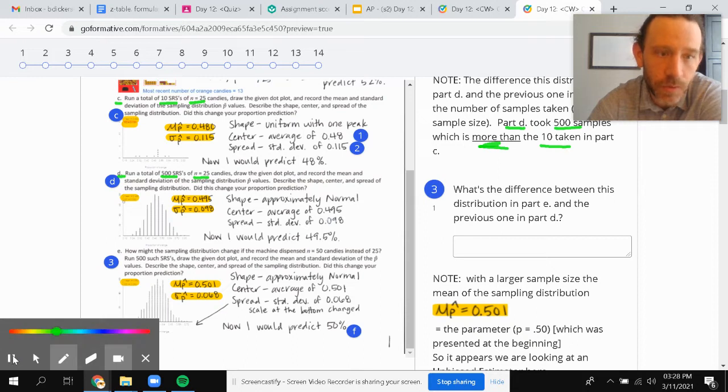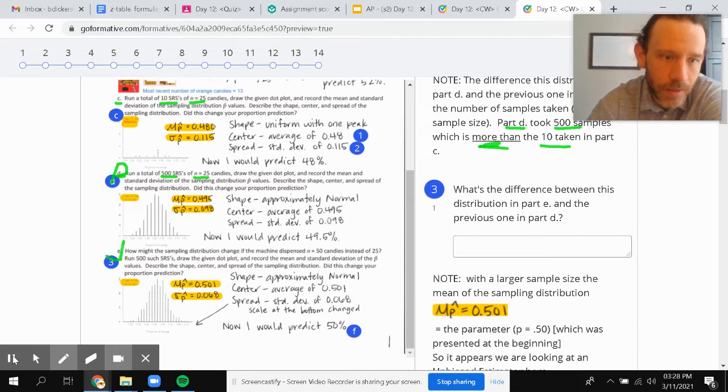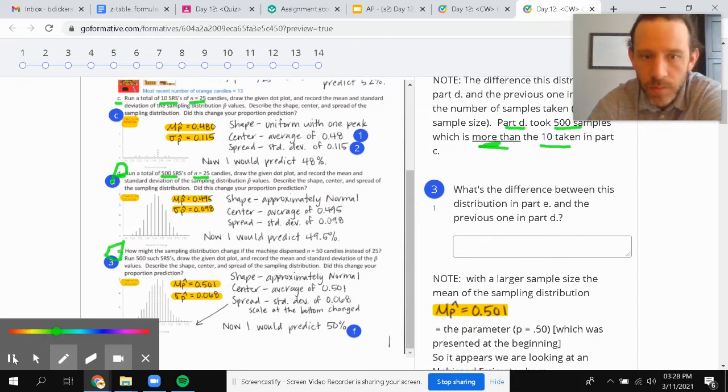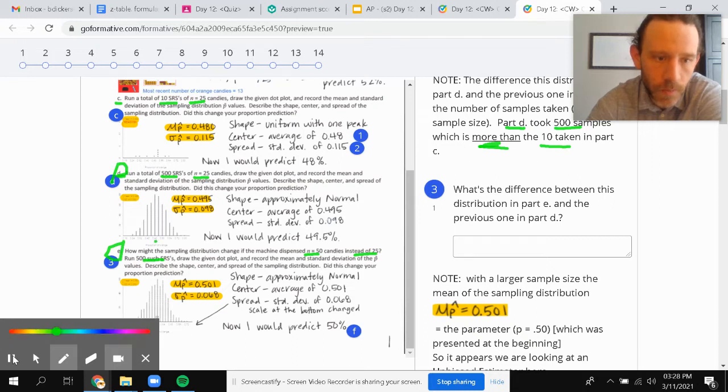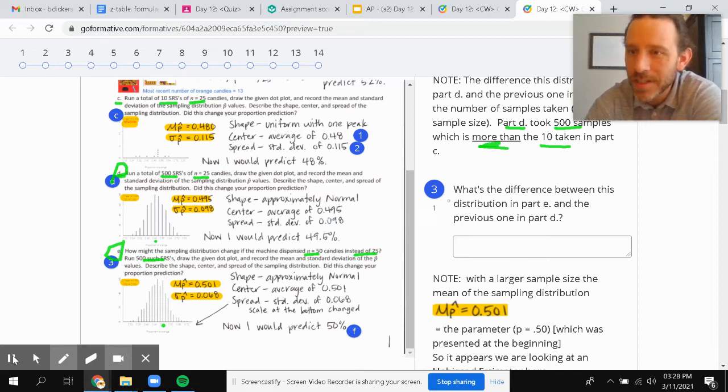Now let's take a look at the difference between D, which is this guy again, and E. So if we read through, right, sampling distribution, we change the machine dispense to n equals 50. n is sample size instead of 25. So in E and D, we still have 500, right? That's the same amount of dots. So if I were to look at both this one and this one, we would have the same amount of dots, 500 total. But each of those dots comprises a different number of candies. In D, there's 25. In E, there's 50.